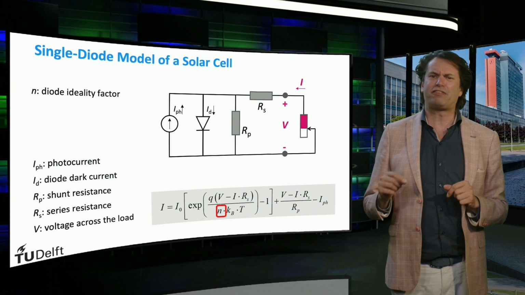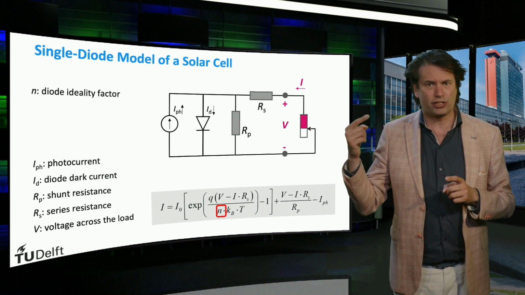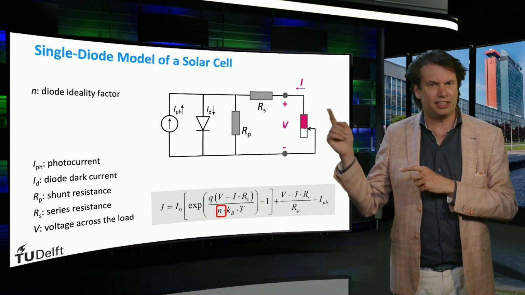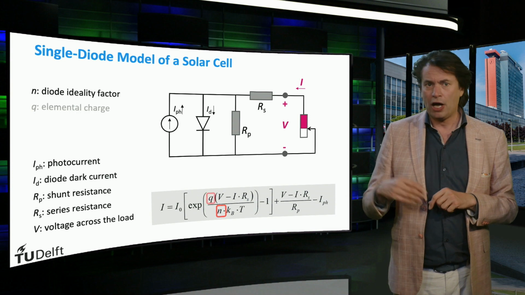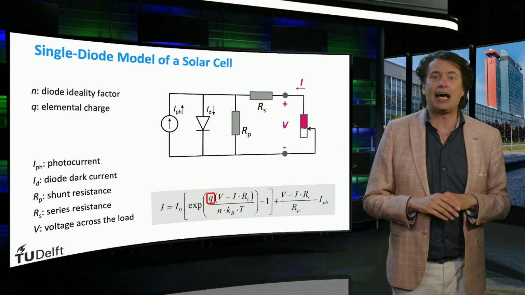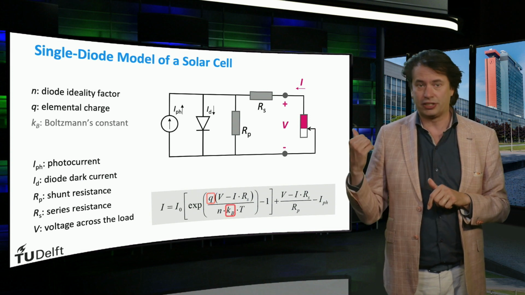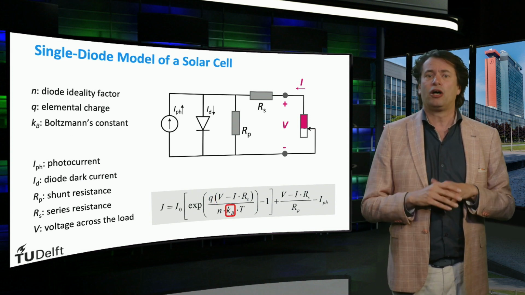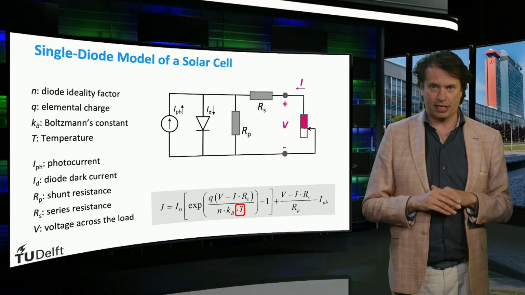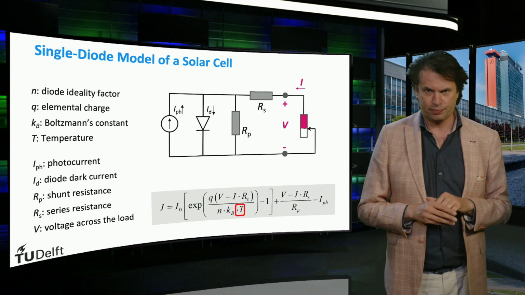In general, this factor is set to 1 in this equation, representing an ideal diode. Q is the elemental charge of an electron. The constant Kb is the Boltzmann constant and T is the temperature of the solar cell.